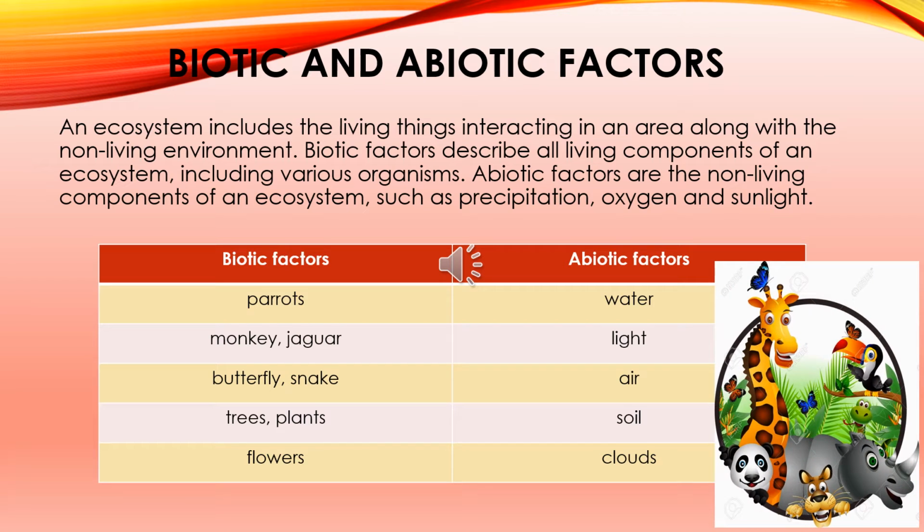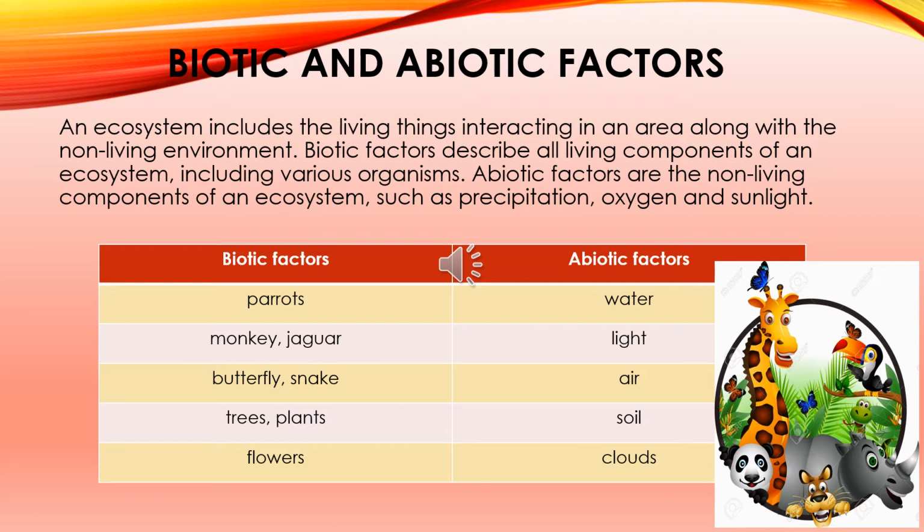Continue talking about biotic and abiotic factors. Now, an ecosystem includes the living things interacting in an area along with the non-living environments. So, an ecosystem is formed by living things and non-living things living in the same environment.